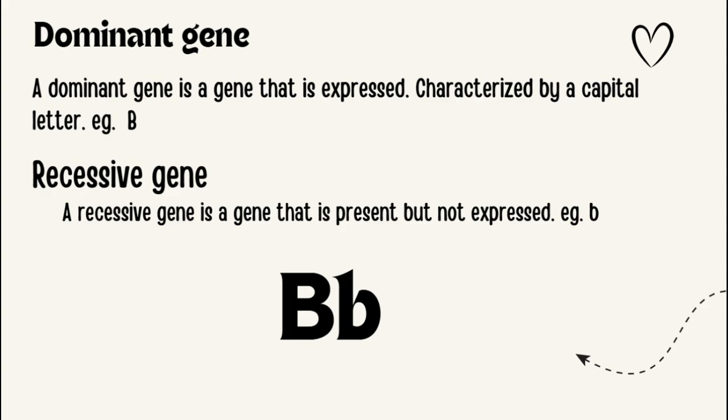That is why in some situations certain things can skip generations and generations, and then ten generations later something that you thought died out a long time ago shows up back in your great grandkids or something like that, right? So that's basically how the dominant and the recessive gene works.